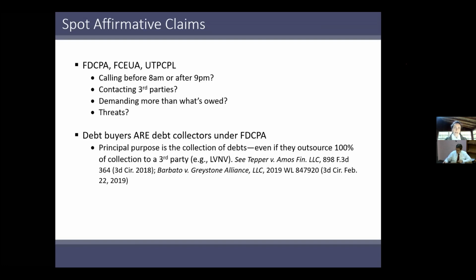Another really common one is making threats of litigation or arbitration when the debt is time barred. Another common one that I've seen a lot recently is when someone requests verification of the debt, the collector will respond and say, we will send you verification as soon as you make a payment. That is not the way that the law works. So that would be another violation to keep an eye out for.